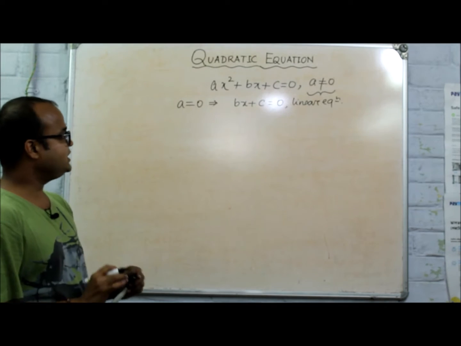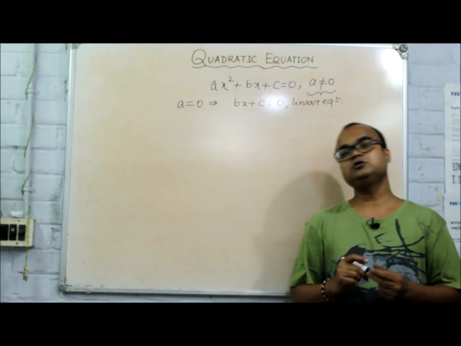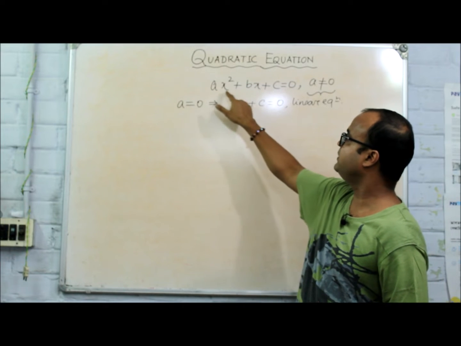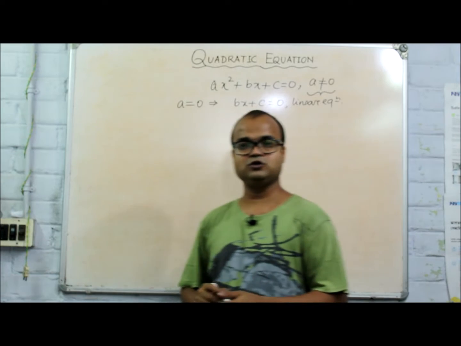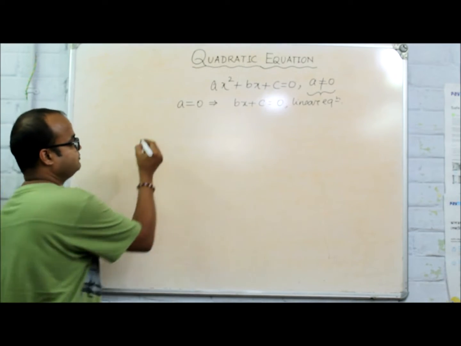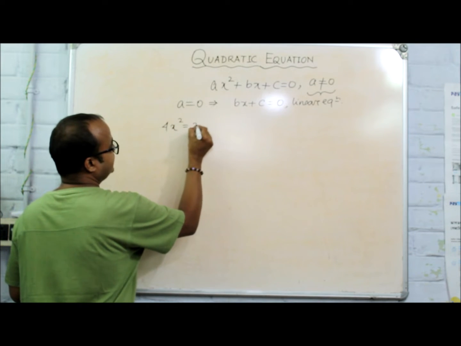So, in the definition, if you ask what is a quadratic equation, your response will be: any equation of the form ax square plus bx plus c is equal to 0 is called a quadratic equation. For example, 4x square is equal to 3x.